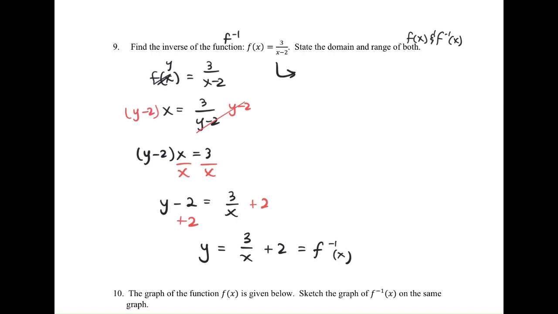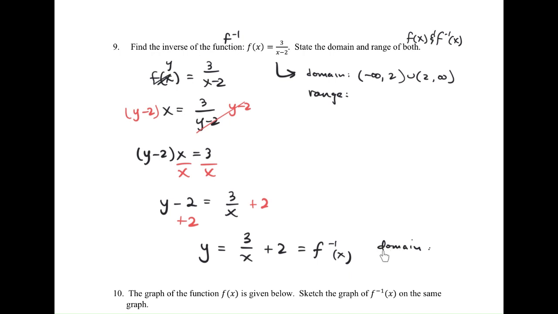Now going back up here for the original function, the domain is everything except for +2. Range is more difficult to find if all you have is the equation. So we're going to go down here to the inverse and find the domain of the inverse, because if you remember in class we talked about the domain is the range of the original function, because we find the inverse by switching the place of x and y, and domain and range are just x and y values.